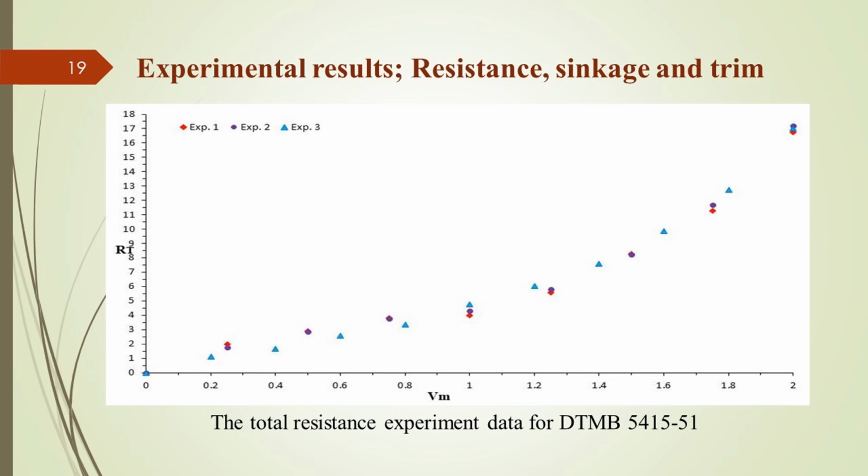The total resistance experiment data for our model shows total resistance with speed. The maximum speed for the carriage is 2 meters per second, so the maximum here is 2 meters per second in this curve.